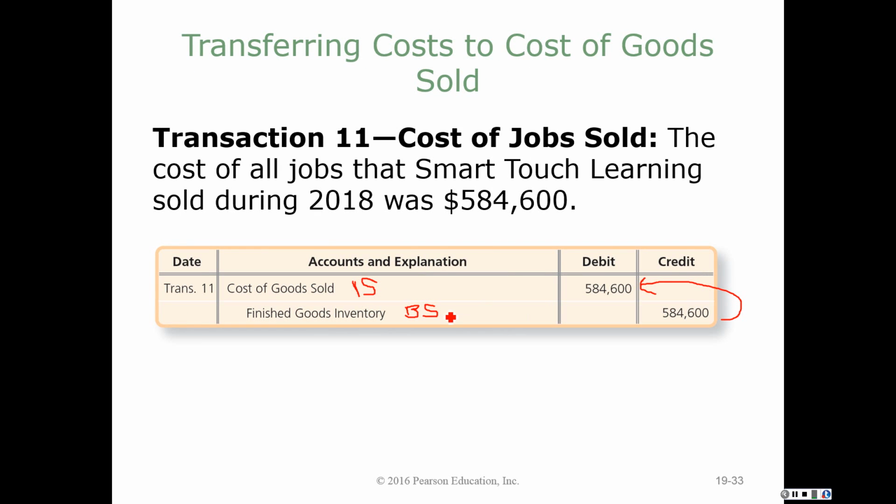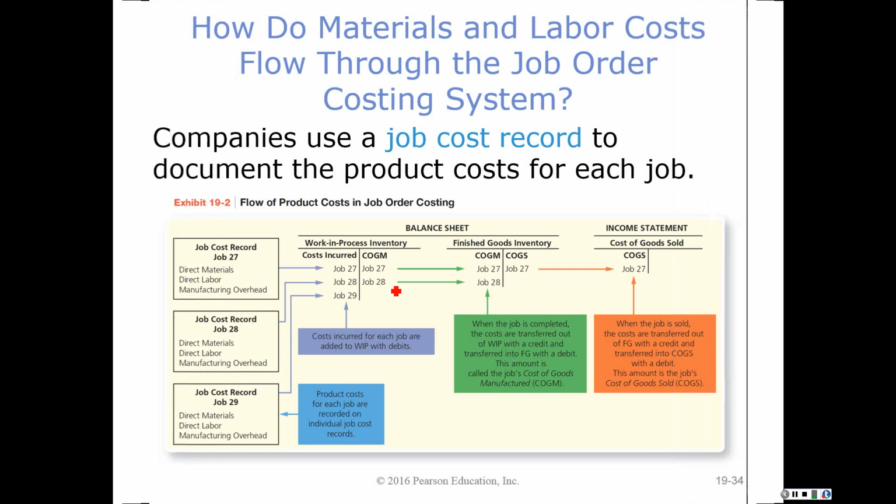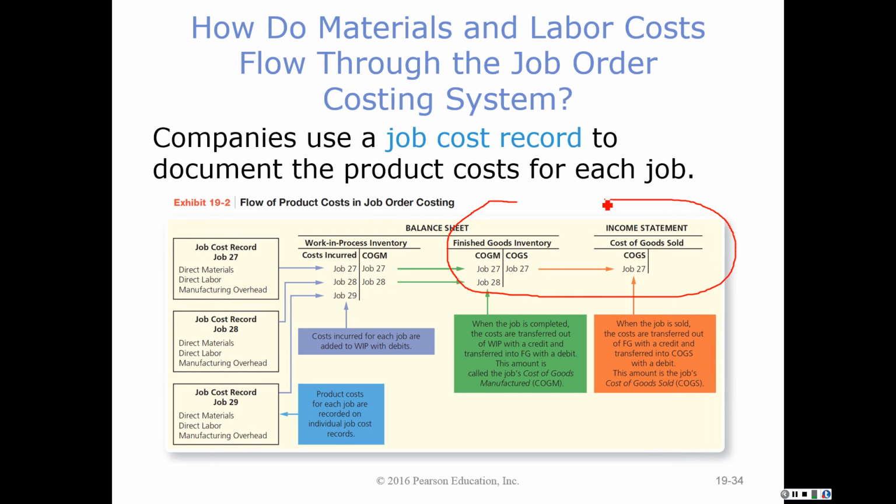All right, so the finished goods inventory that was sitting on our balance sheet at $584,600 has now been sold, and we're going to move that cost over to cost of goods sold on the income statement. Remember, we're matching revenue with expense. Once again, if we go back to our original illustration, this is the part that we see taking place now with dollars instead of job numbers.